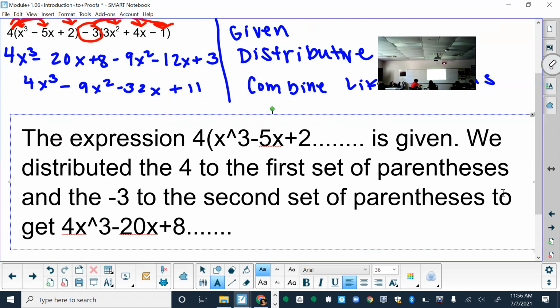And then once you finish those 2 examples, you will turn them into the basket back here and they'll be graded. All right, so we'll give you 15 minutes to get that done, to create 2 paragraph proofs for each example in your guided notes. Any confusion on what we're doing?